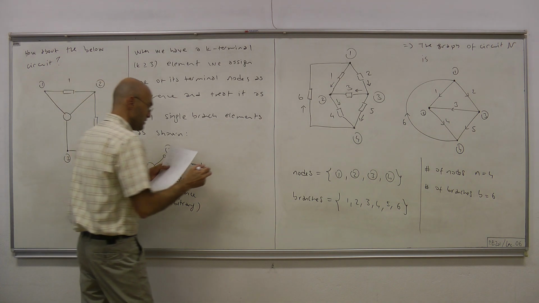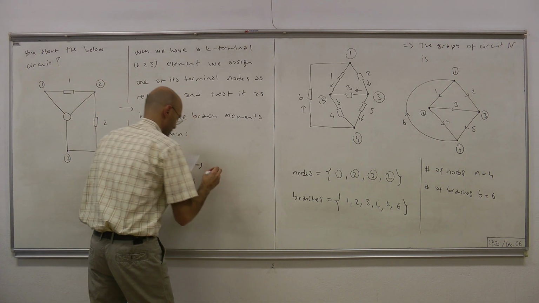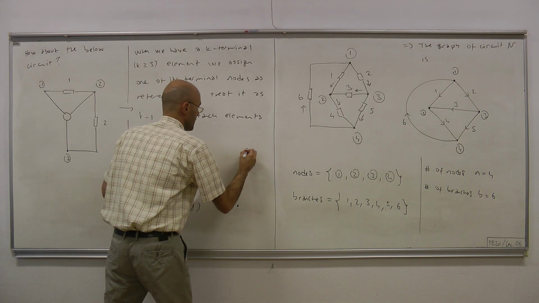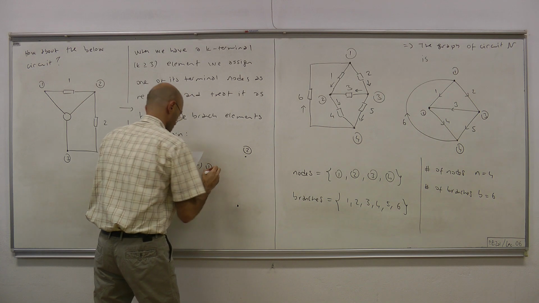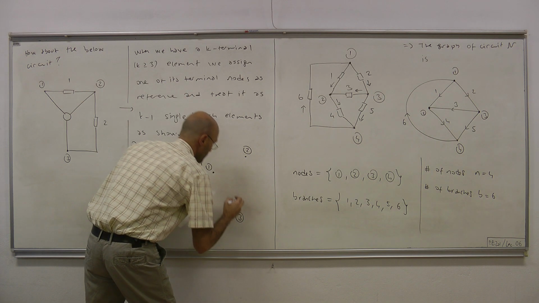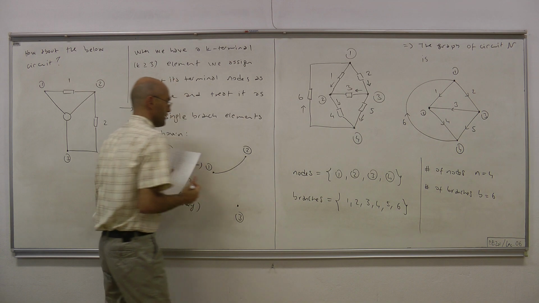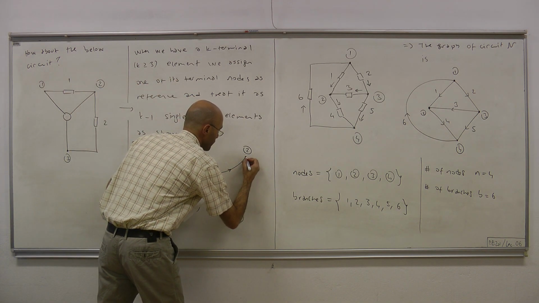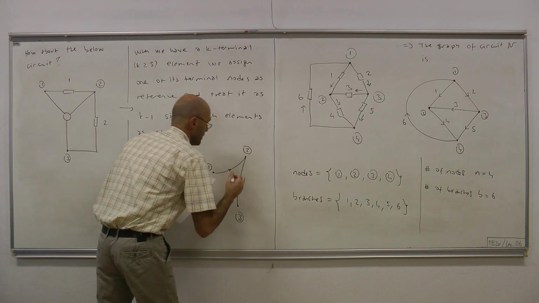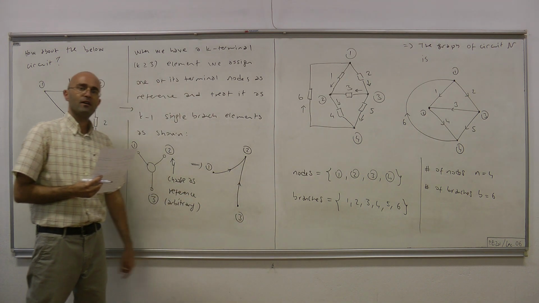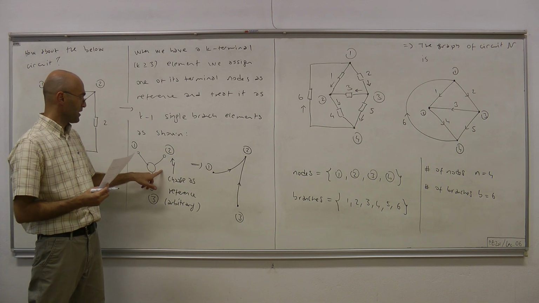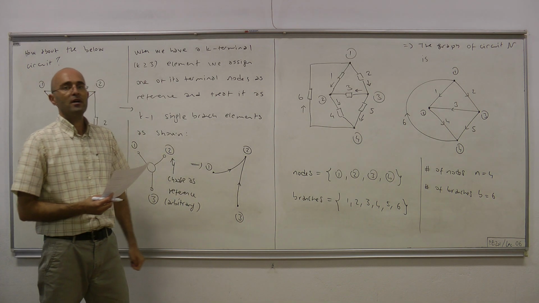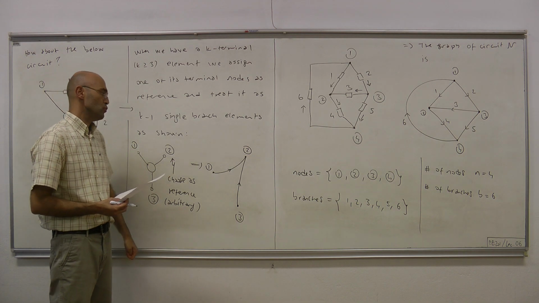So that means in its graph representation, with nodes 2, 1, 3, from node 1 to node 2 we have a branch, and from node 3 to node 2 we also have a branch. So a 3 terminal component is represented in its graph by 2 branches, 3 minus 1, 2 branches.